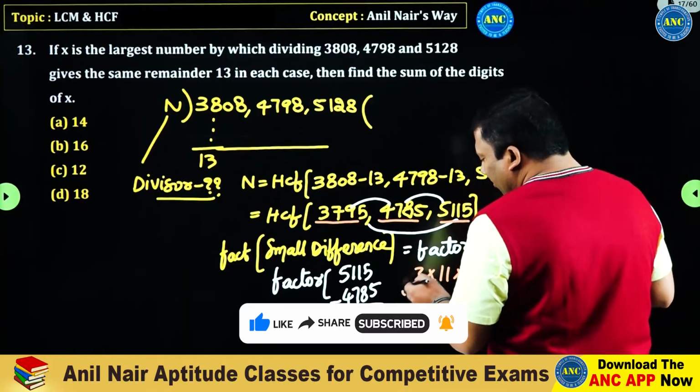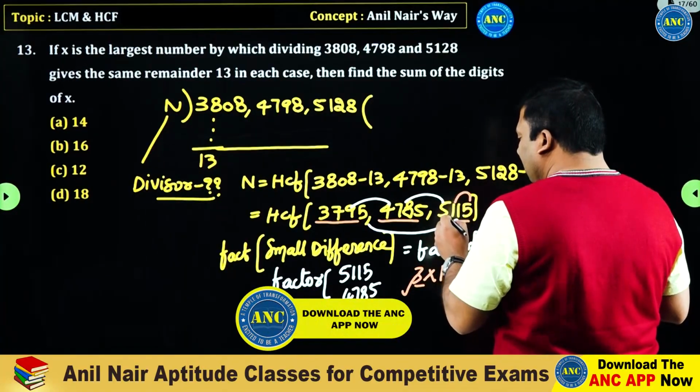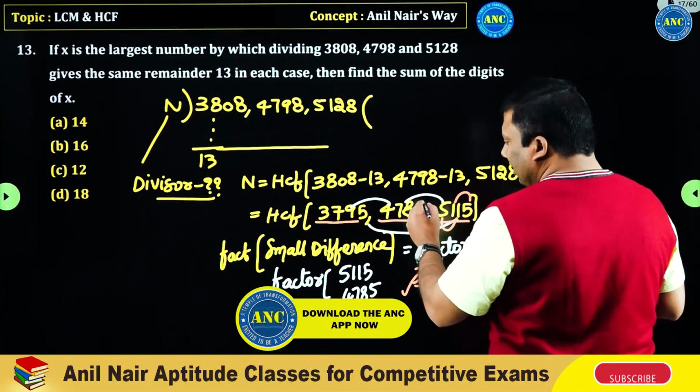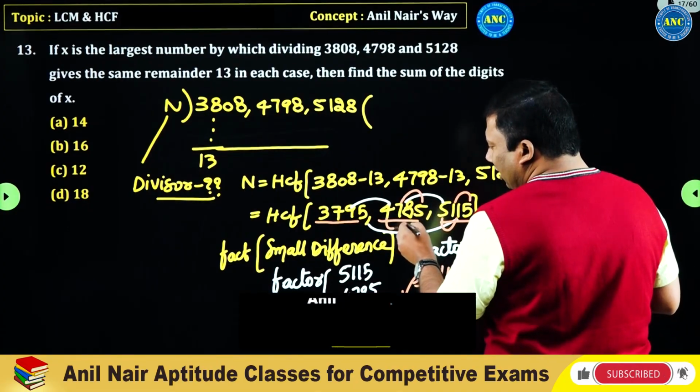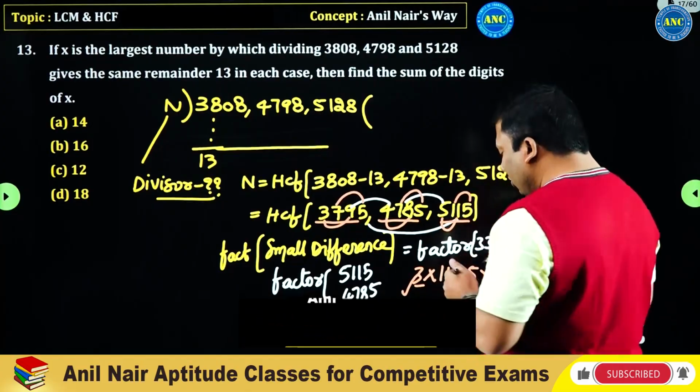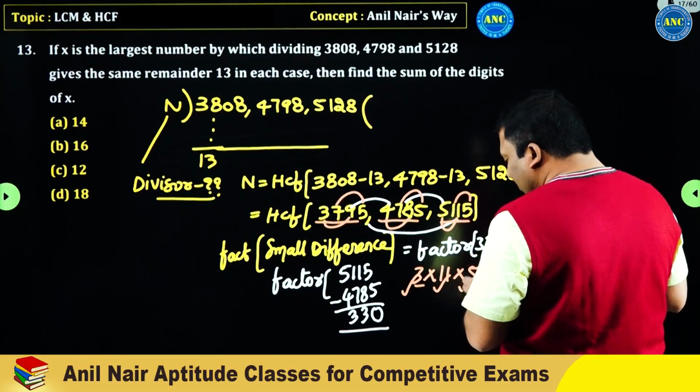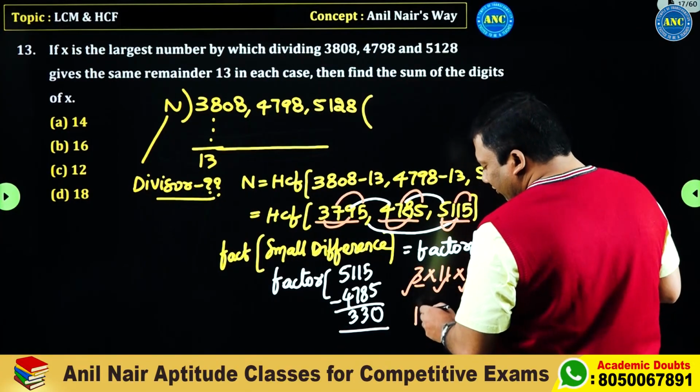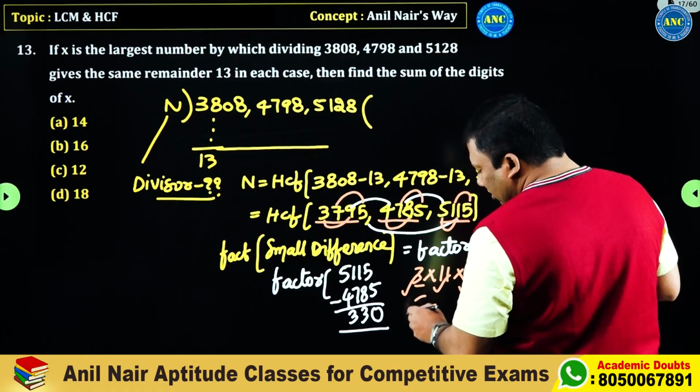It is divisible by 3. Sum of the odd places minus sum of the even places, it is also divisible by 11. All are ending with 5. That means the answer is 165.